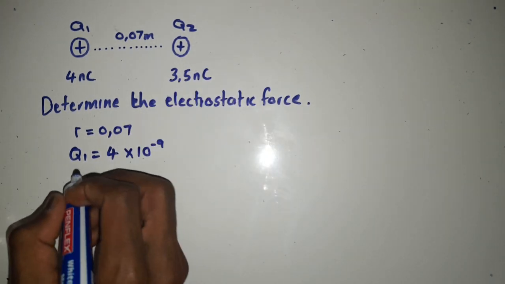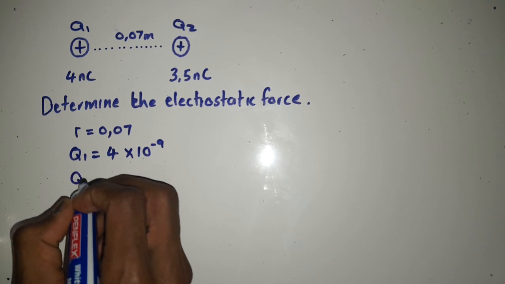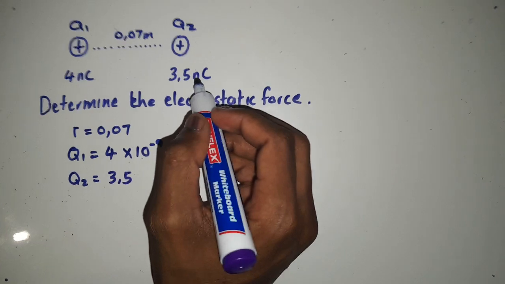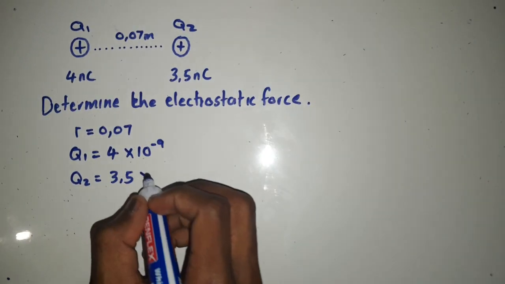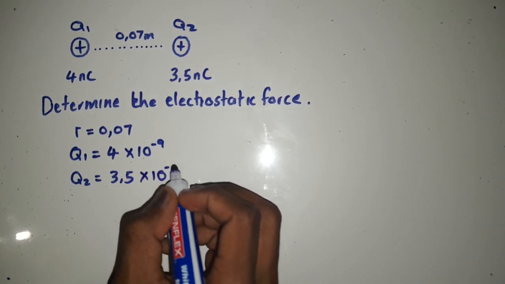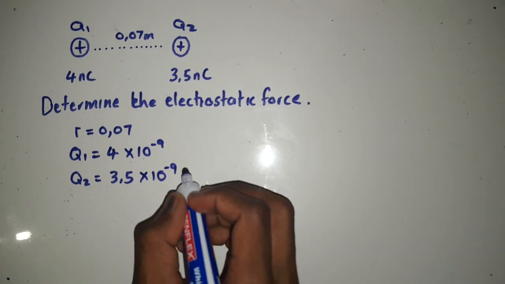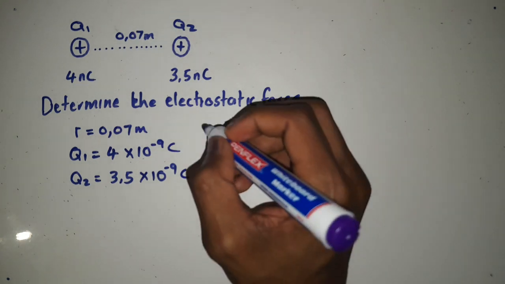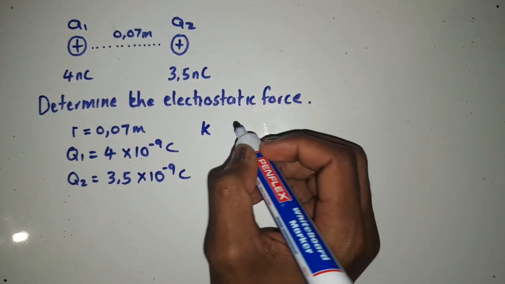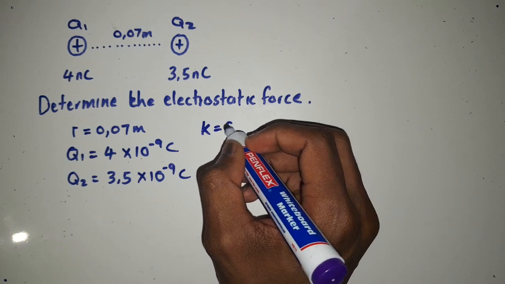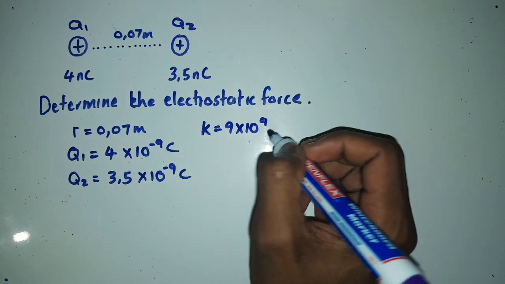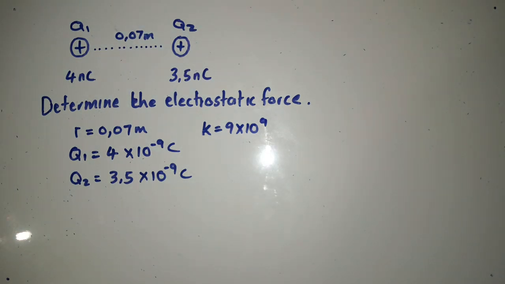Then let us move to the next one, which is Q2, 3.5 times 10 to the power of minus 9. This is our coulomb. And the distance is in meters, you see, like this. Then we know for sure that the value of K will always be 9 multiplied by 10 to the 9. Then let us go and substitute these values.